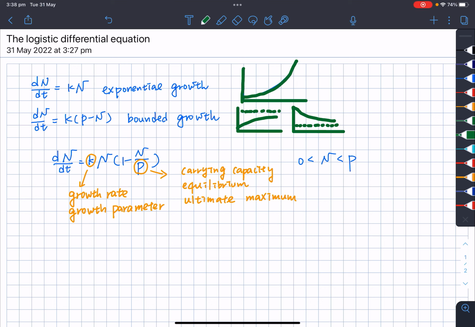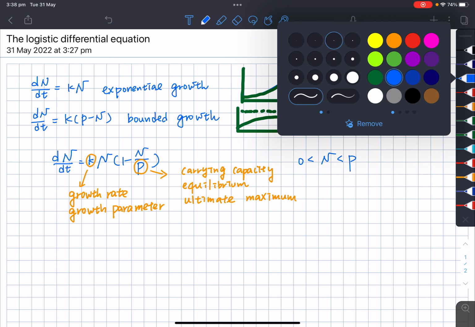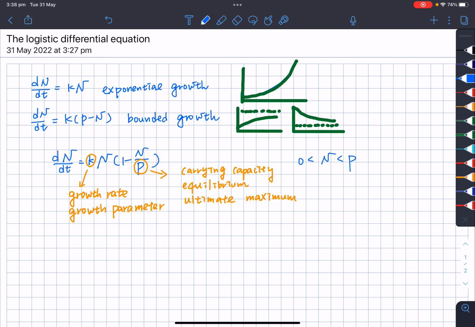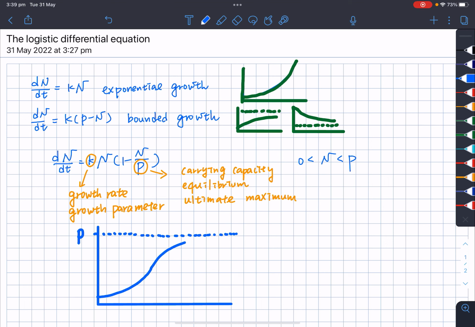But for the logistic differential equation, the graph will be like that. P here, this asymptote, carrying capacity, equilibrium, ultimate maxima, they are the same thing. You have half exponential and then half bound growth.